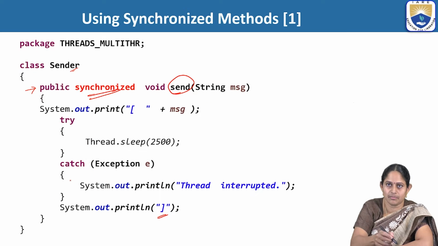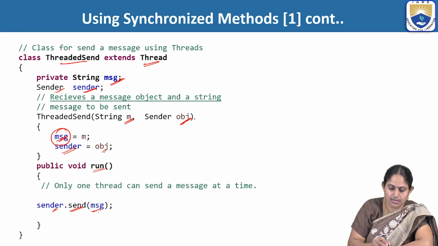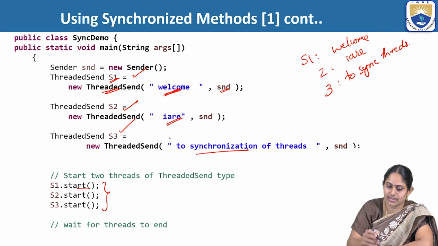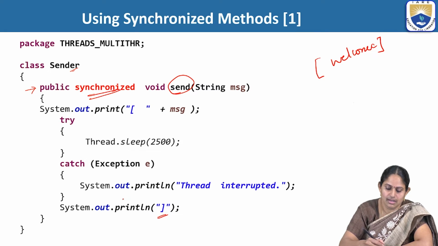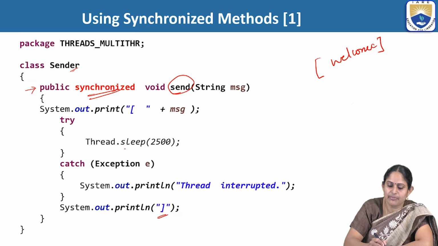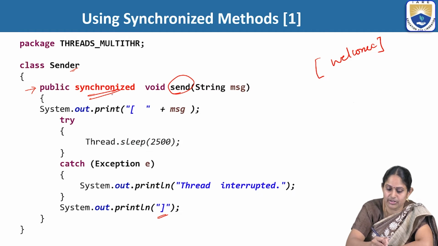Once that method is called, it will first display the square bracket and the message. Our first message was welcome, so we get welcome. Then it will sleep for some time.